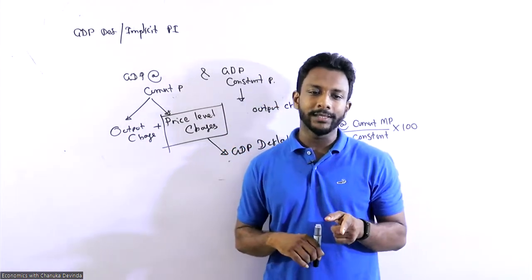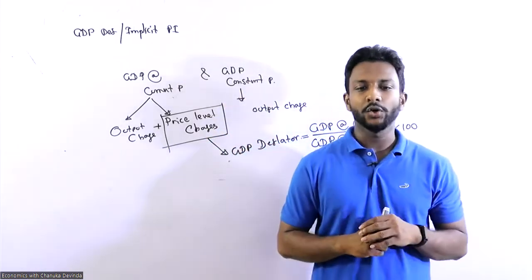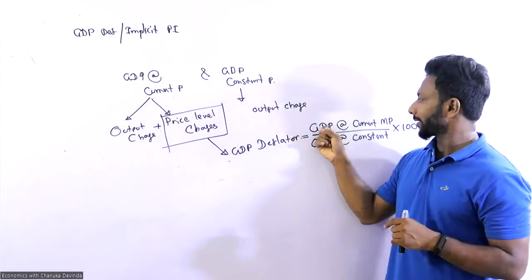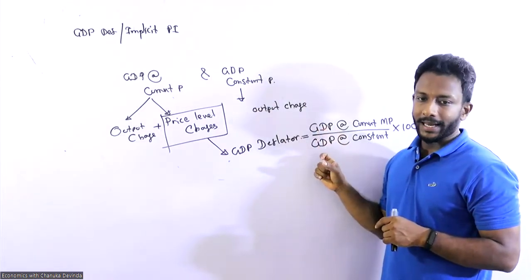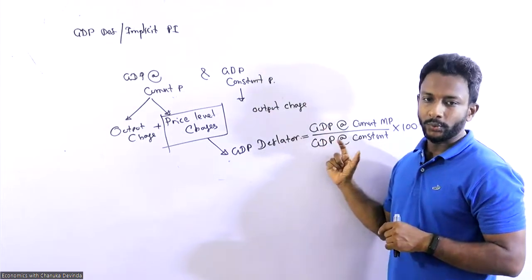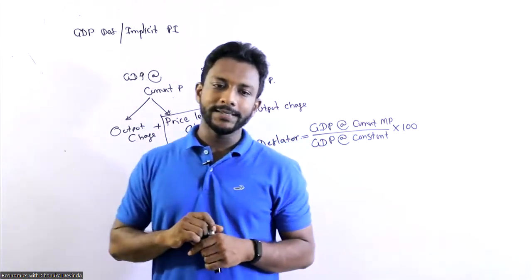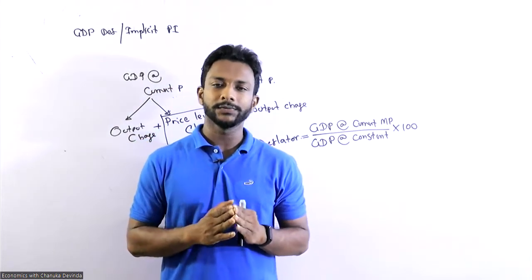And lastly, the fourth point: it is calculated as a ratio between the GDP at current price and the value of GDP calculated at fixed price or constant price, into 100. So when the price index is provided, GDP is available as follows.